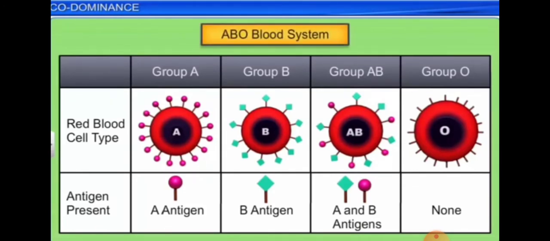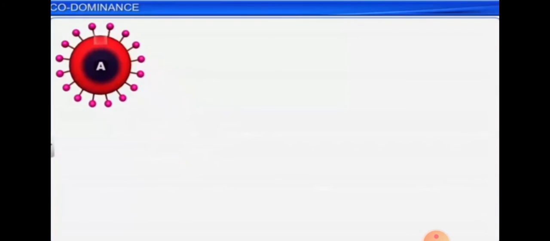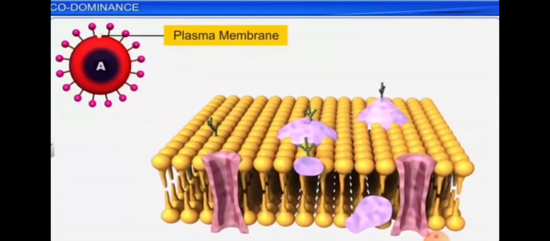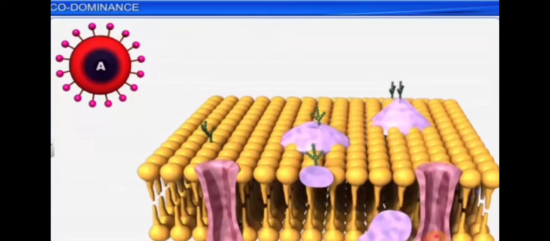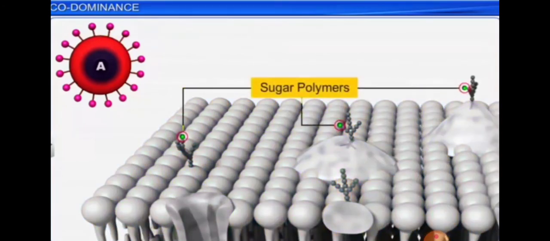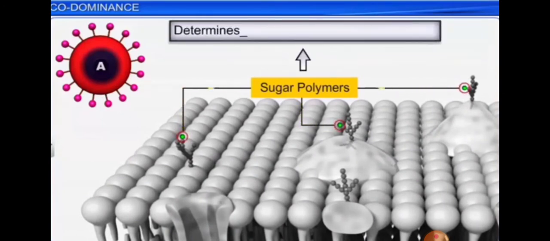So another widely known example of co-dominance in humans is the ABO blood system, which is used to determine human blood type. The plasma membrane of the red blood cells, or RBCs, in human blood has sugar polymers that protrude from its surface.